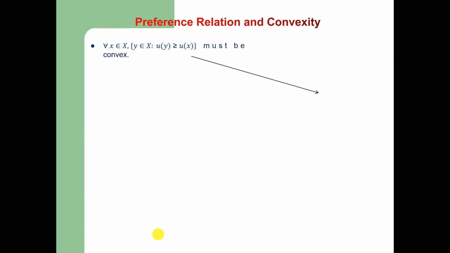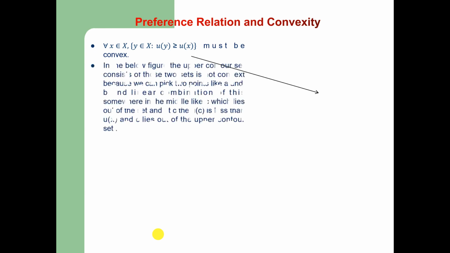For all x in X, capital X, that is the commodity space, the set of y in X such that u of y is greater than or equal to u of x must be convex.